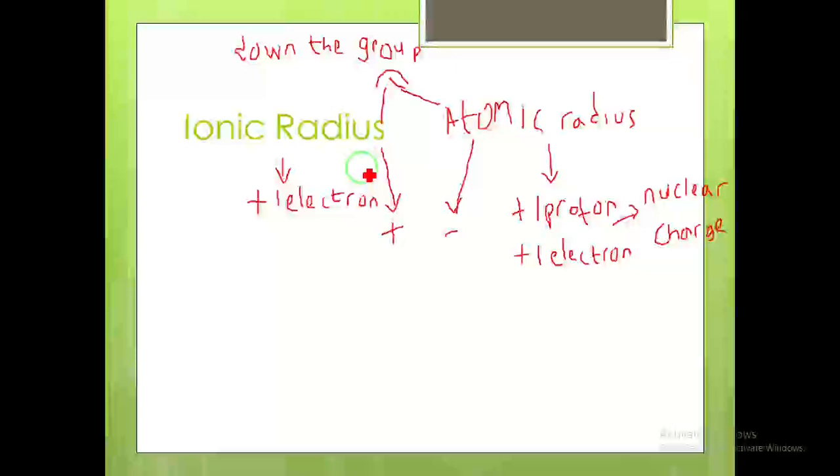So when an element gains extra electron, ionic radius increases. But when it loses the electron, then it can what? Reduce. That's why I said it increases down the group.